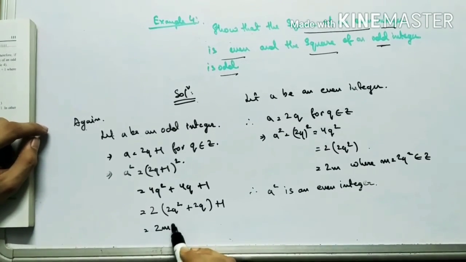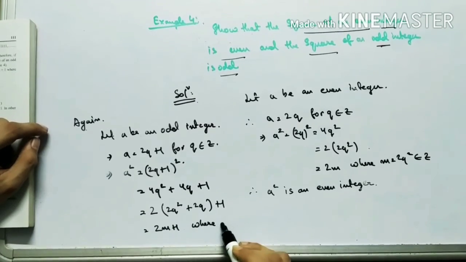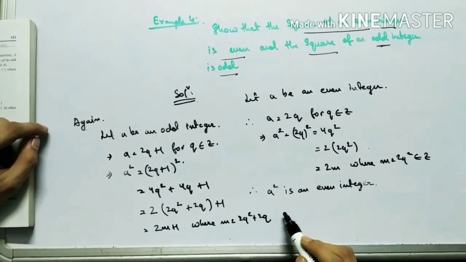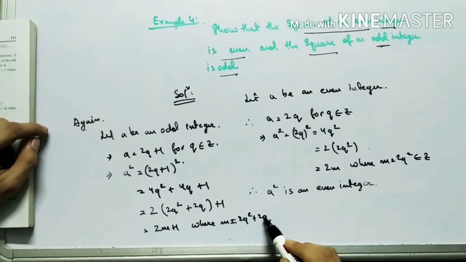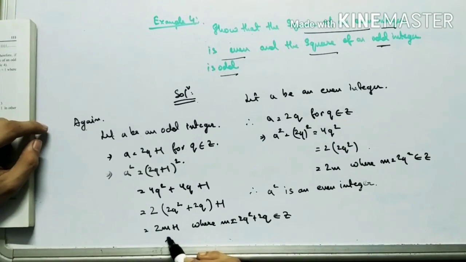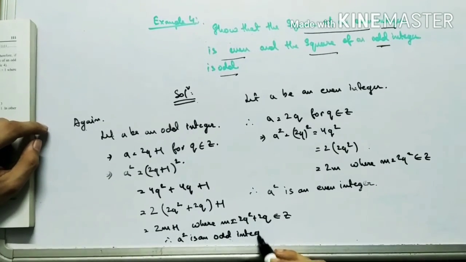So this is 2m plus 1, where m is equal to 2q square plus 2q, and m belongs to Z. Therefore a square is an odd integer.